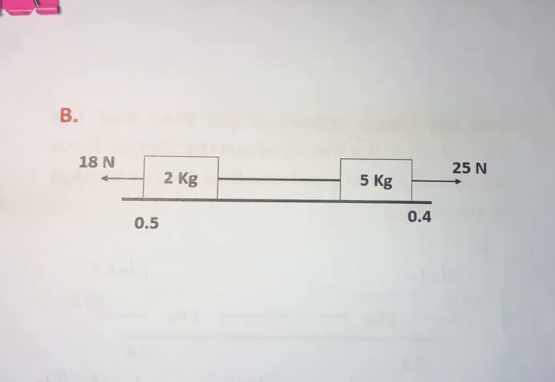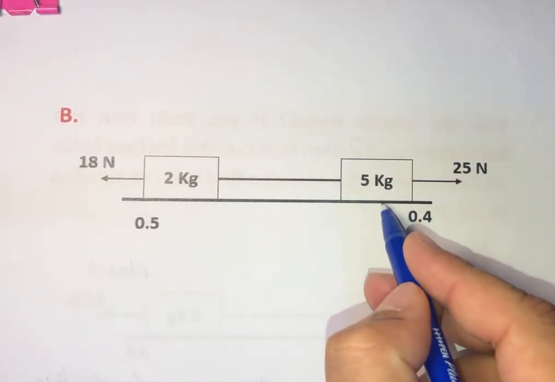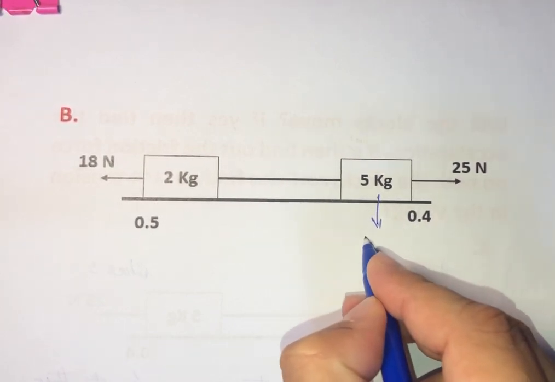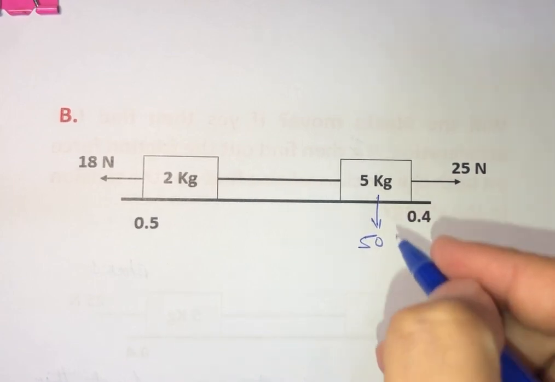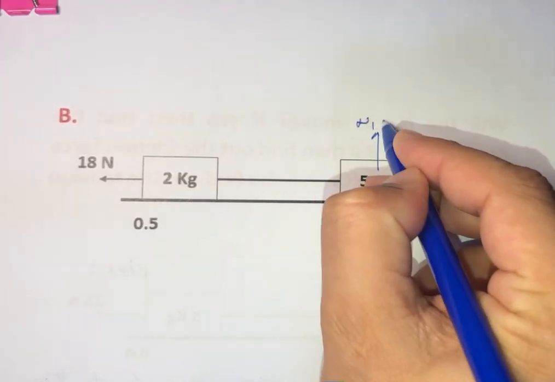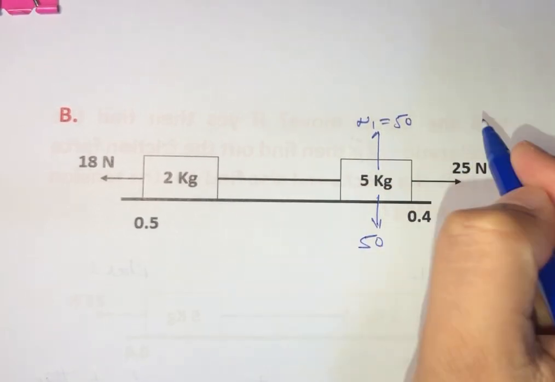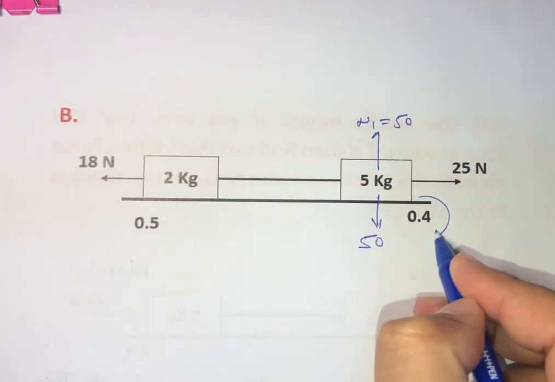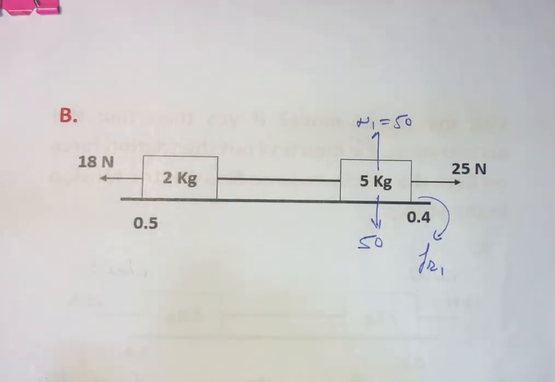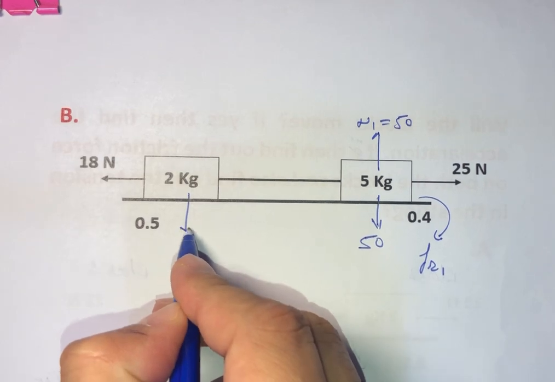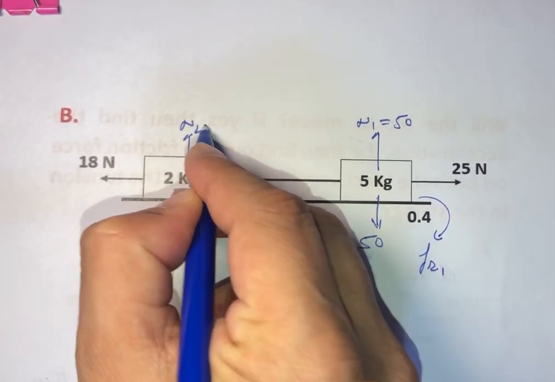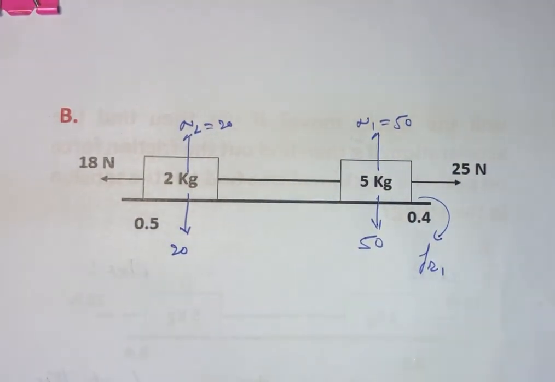Here once again there will be a force of 50 Newton in the downward direction, and let us suppose there is normal N1 whose value is 50. Here the friction we are assuming is Fr1, and here also it is 20 kg, and the normal is N2 whose value is 20.